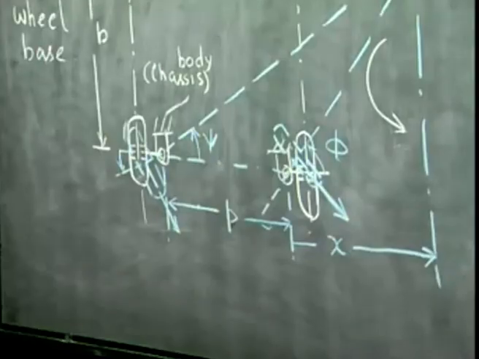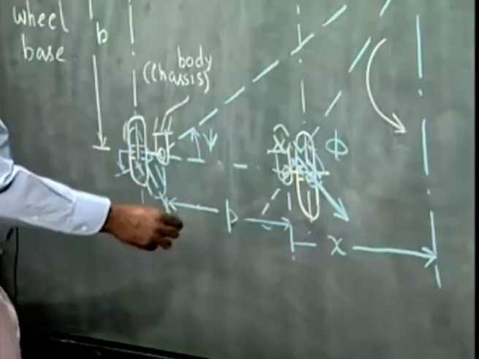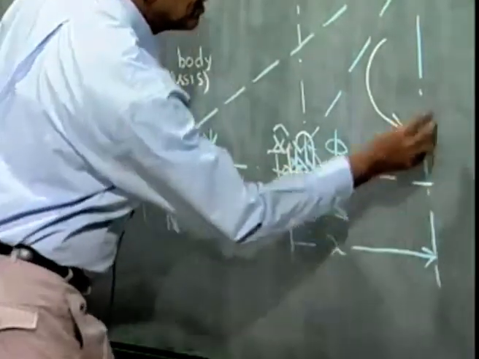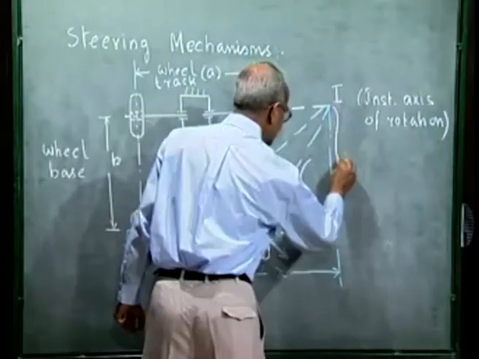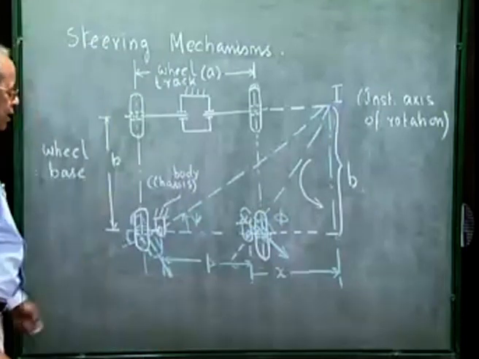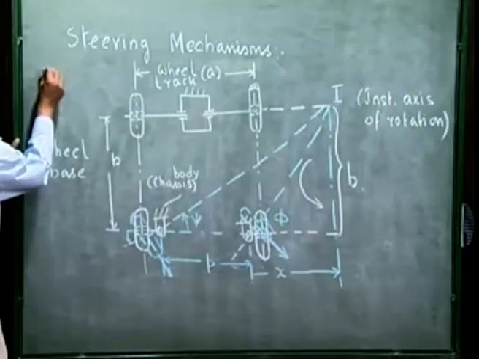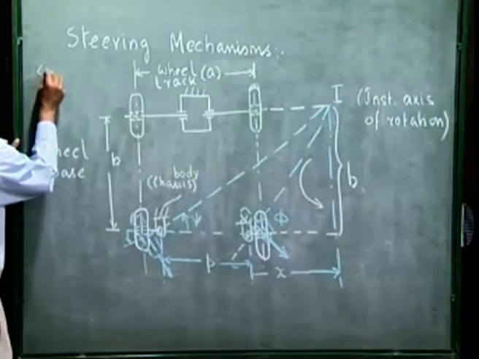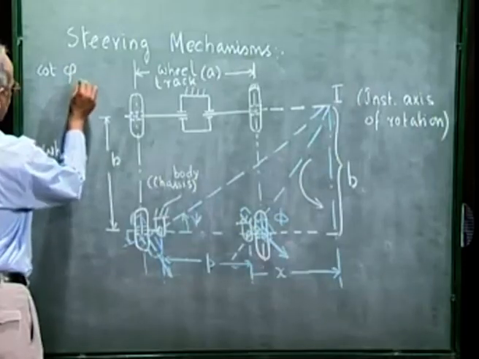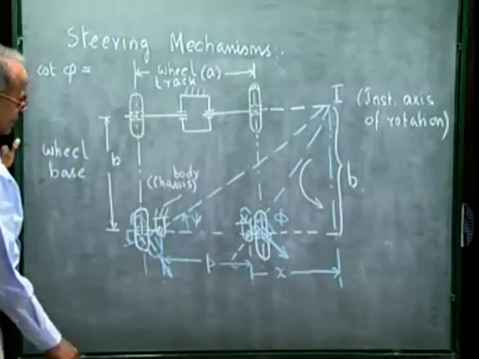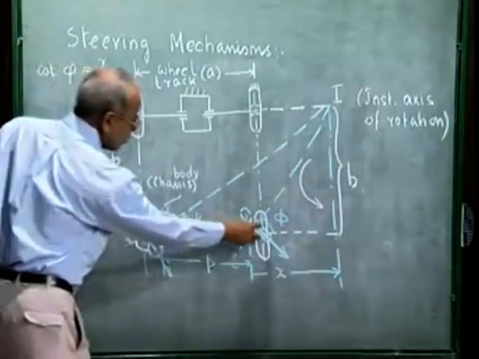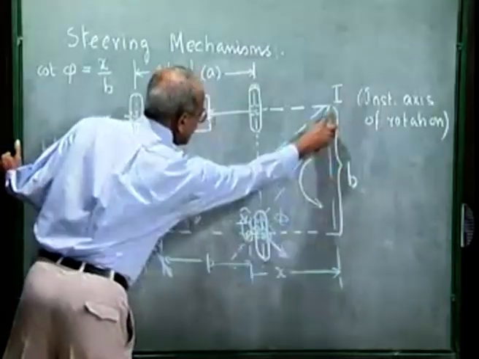So what we see that this distance is the wheel base, which I called B. So what we can write that cot phi is x over b.